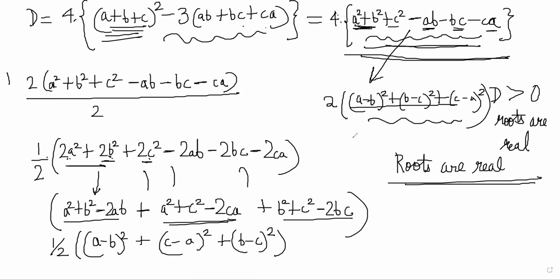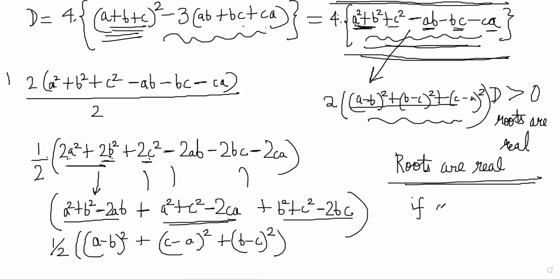So the question is basically testing whether first you are able to convert it into a quadratic equation, and then whether you are able to analyze the discriminant and think about whether it is positive or negative.